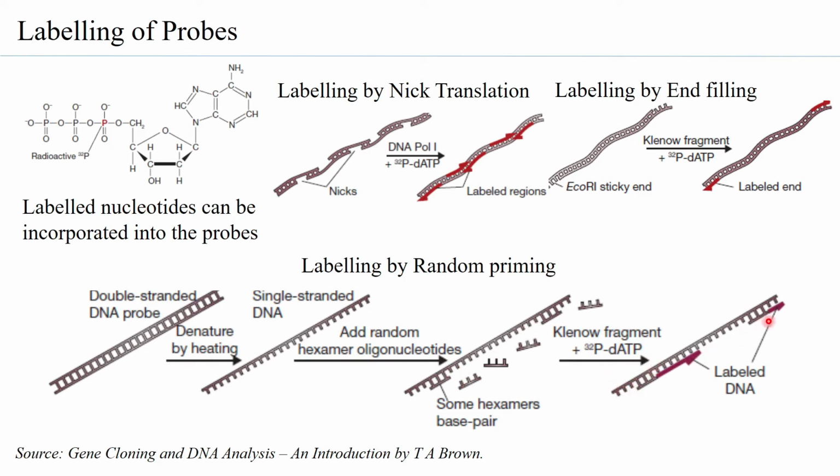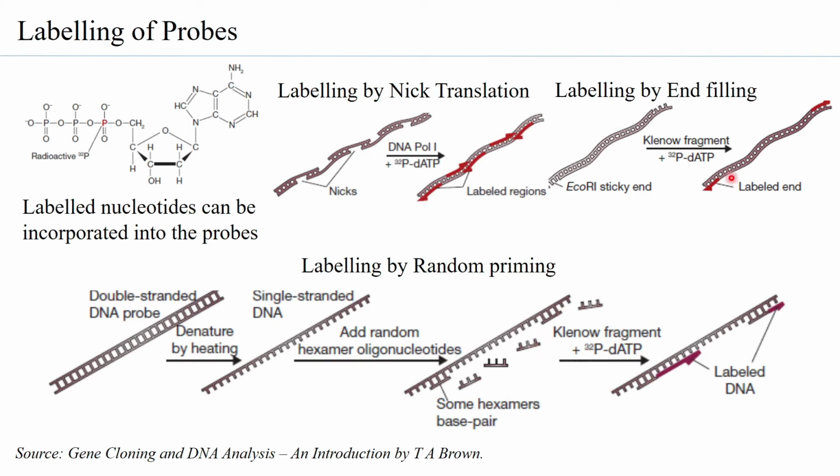As the Klenow fragment begins synthesis of the new strand of DNA, the new strand will contain the labeled ATP wherever there is a T. So if you have a T over here, you know that an A will come and bind over here, but that A is labeled. Therefore this entire probe will again get labeled because of the incorporation of a labeled adenosine monophosphate. Okay, that is the general idea.